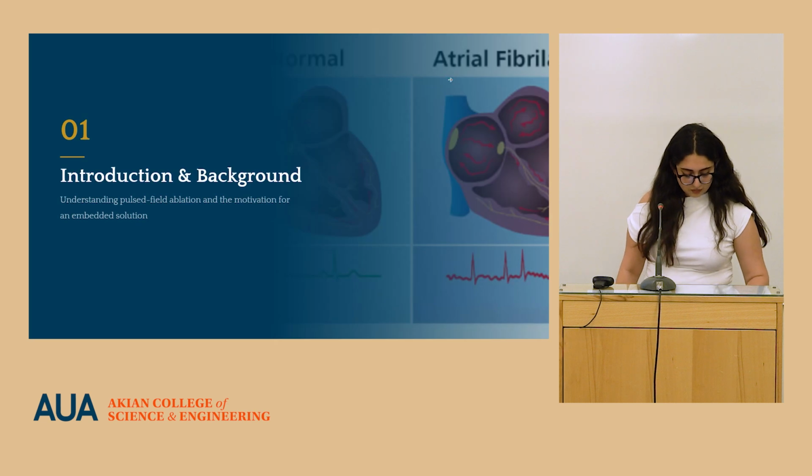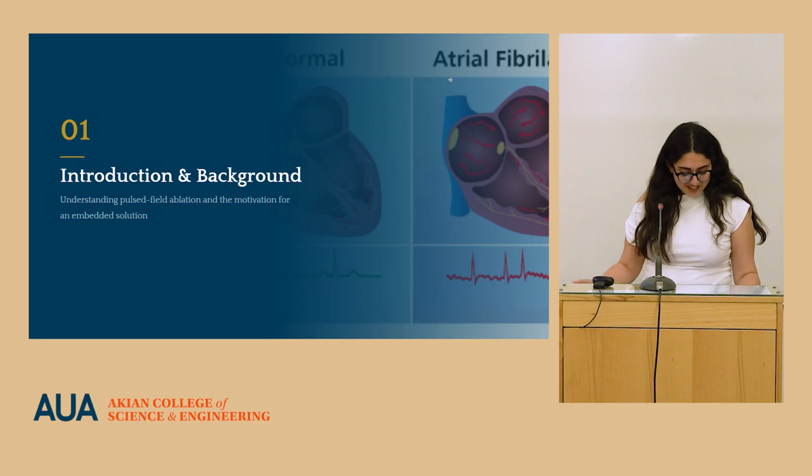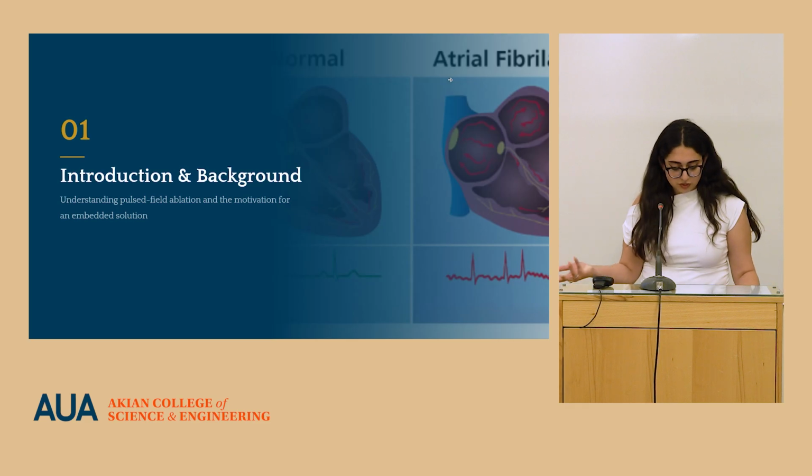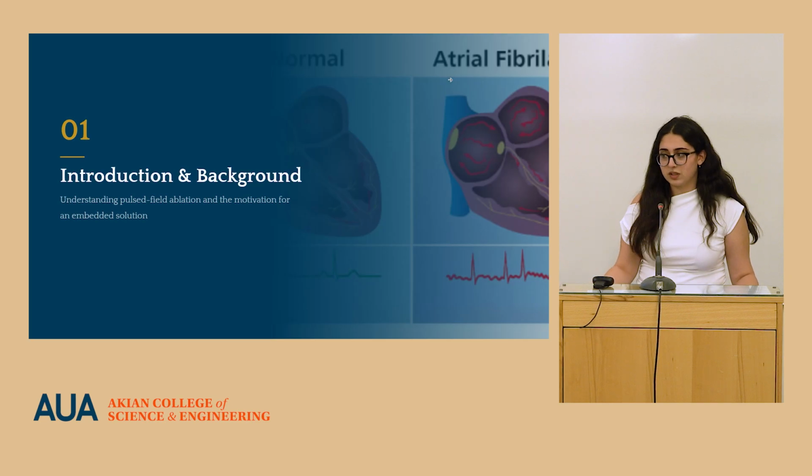First of all, we need to understand what ablation is before we understand what PFA is. Ablation is a medical procedure that is used to destroy or isolate abnormal tissues. Since my capstone is related to the heart, in cardiology it is commonly used to treat arrhythmias, which are irregular heart rhythms.